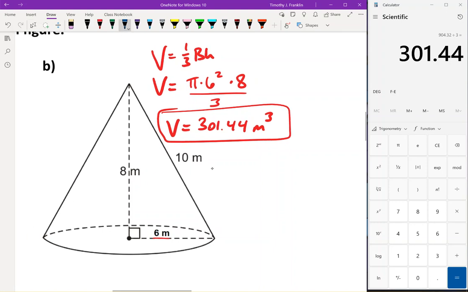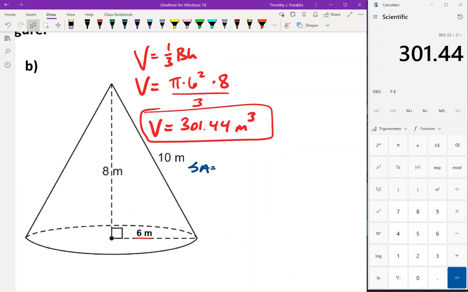Again, we're just going to use the formula. So it's the area of the circle, which again is pi times 6 squared. And we're going to add to that the area of the curved surface, which is pi times radius times L, the slant height, which is 10.